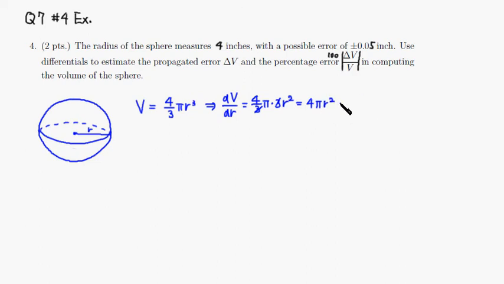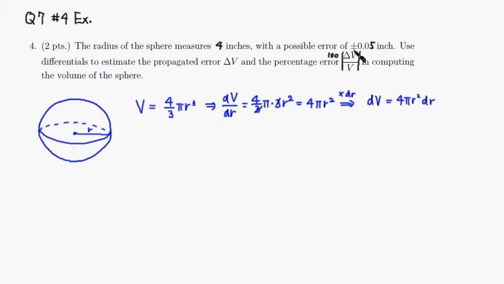We can isolate dV by multiplying both sides by dr, so the differential dV is equal to 4 pi r squared dr.